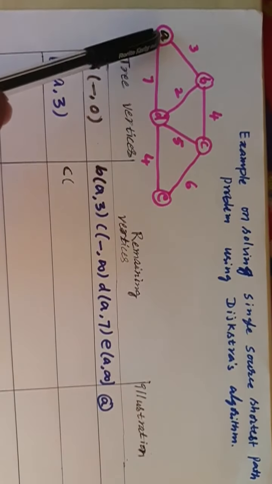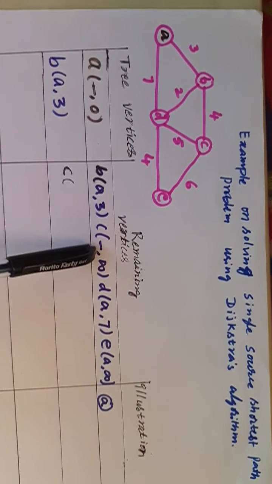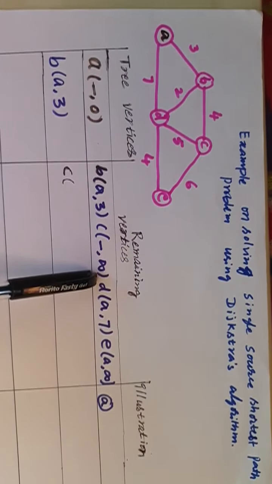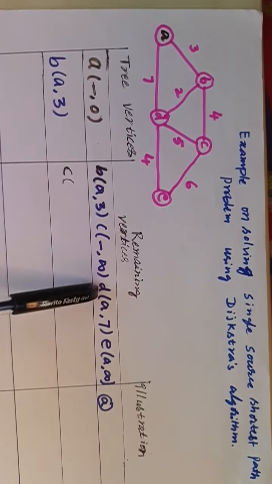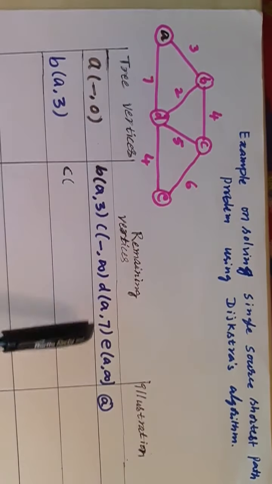And c: we don't have an edge from a to c, so c is null, comma, infinity. And d, yes, d can be reached from a with the cost 7.